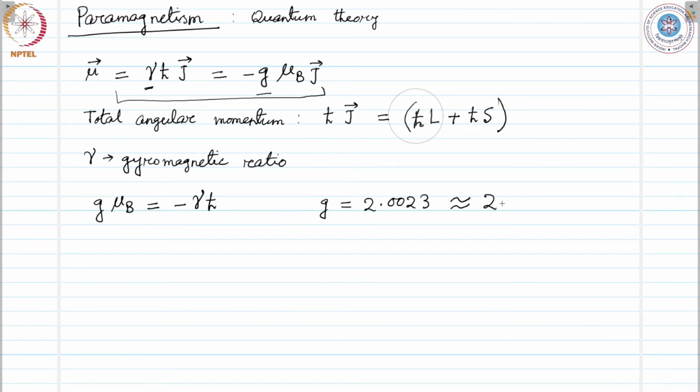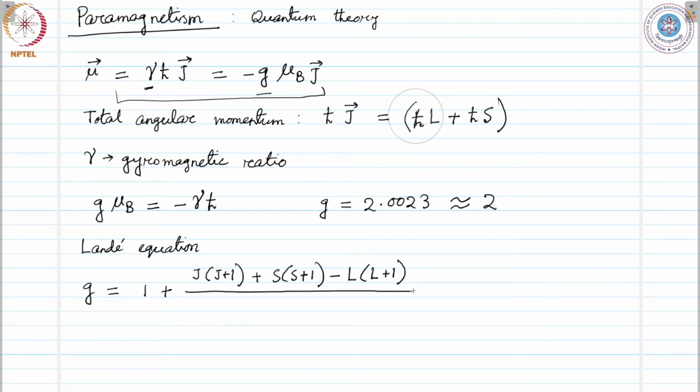For a free atom, the g factor can be given by the Landé equation, where g is expressed as 1 plus J times (J plus 1) plus S times (S plus 1) minus L times (L plus 1), divided by twice J times (J plus 1).